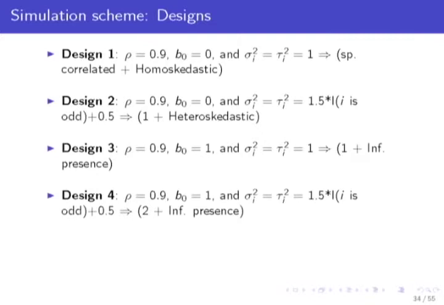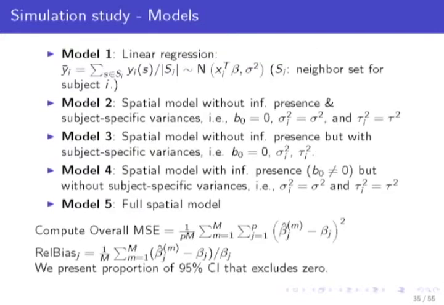So this is the spatially correlated and homoscedastic model, the first one. The second one is design 1 with this heteroscedastic assumption, sigma I square and tau I square as shown. The third one is design 1 with informative presence, because I put B0 as 1. And the fourth one is design 2 with the informative presence, that is heteroscedastic, spatial, plus B0 equals 1.